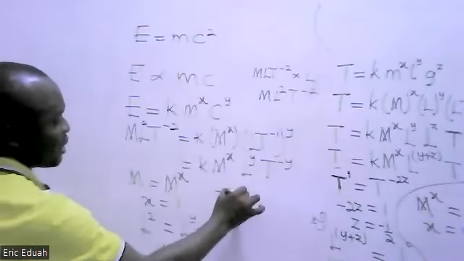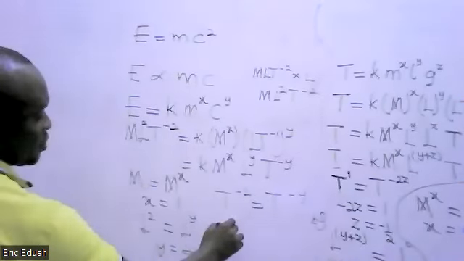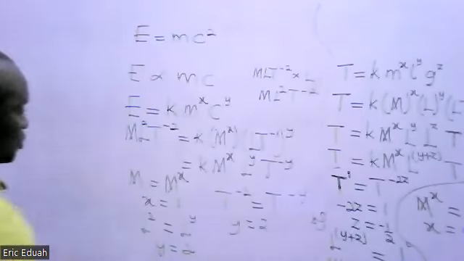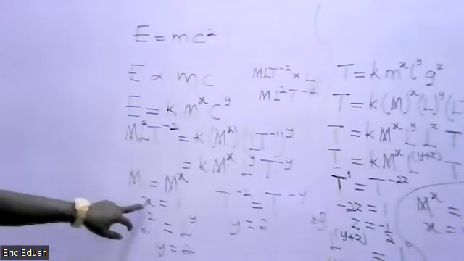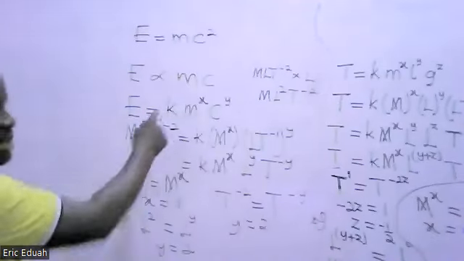Then T to the power negative 2 is equal to T to the power negative Y, and Y is equal to 2. It's the same thing.